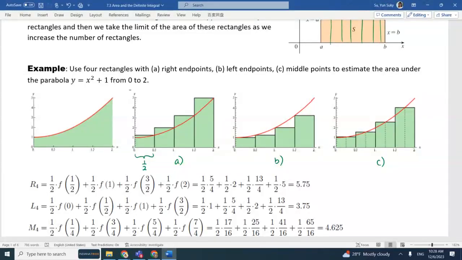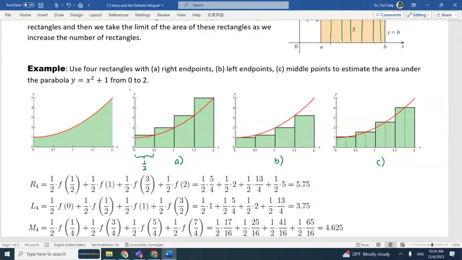Okay, so the midpoint, the width is 1/2, but do you see the midpoint? The midpoint of 0 and 1/2 is 1/4, right? So that's why it's f of 1/4. And the midpoint between 1/2 and 1 is 3/4. So the height is f of 3/4. The third rectangle, and this is what? 5/4.